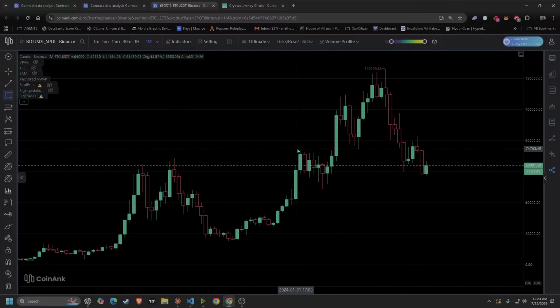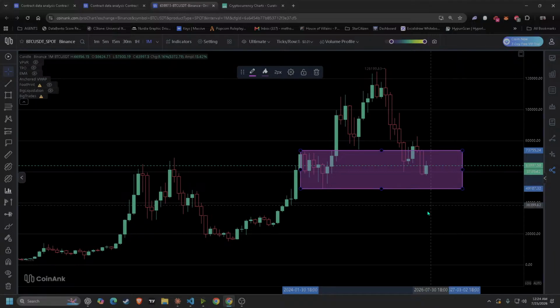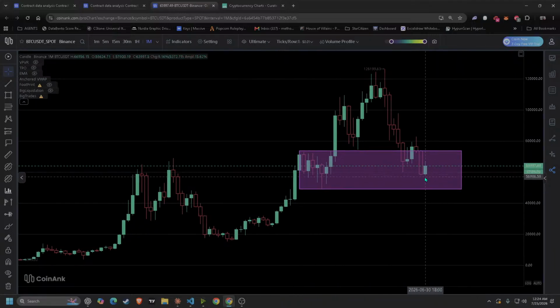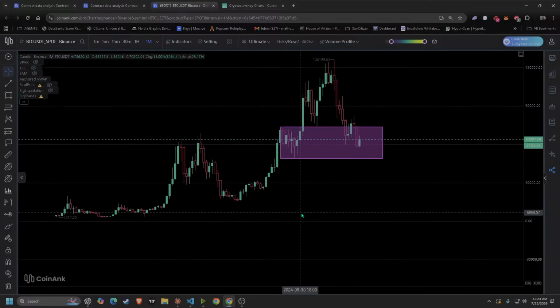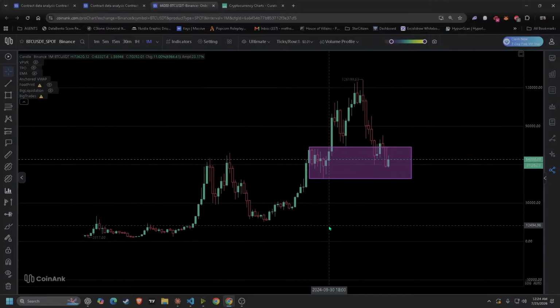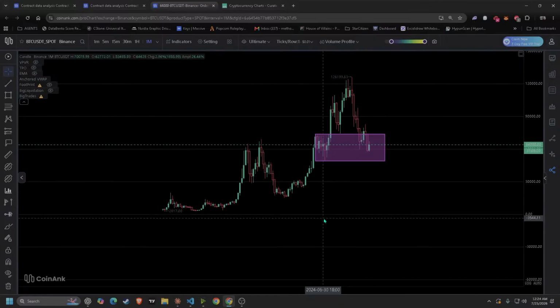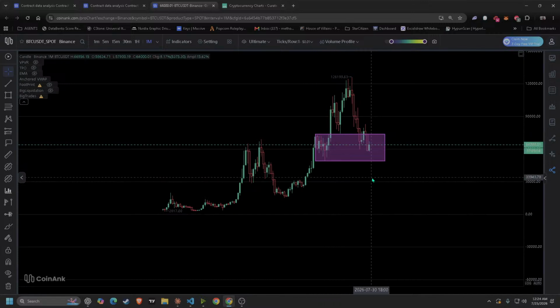What you can see is we return to this zone, right? And we tapped into the 50% range right here before leaving it and then continuing down. So unfortunately, I'm looking for another leg down. But we could easily work our way back up.